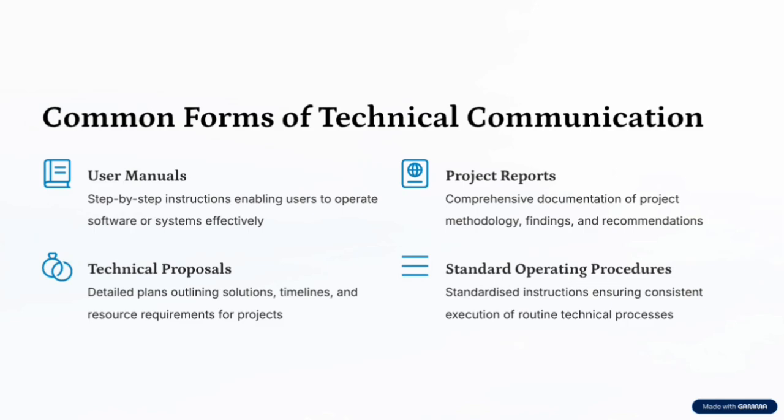Whenever you download any application on your phone, there are instructions given on how to use that application for the first time. Even when you download a video game on your phone, there are some instructions given on how to play that video game. They all are examples of technical communication.